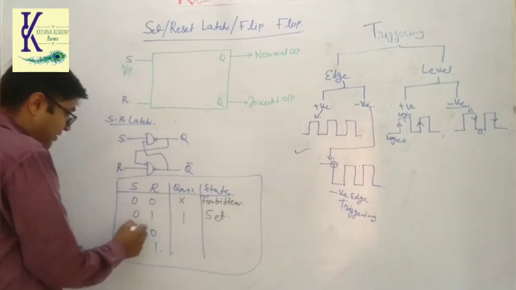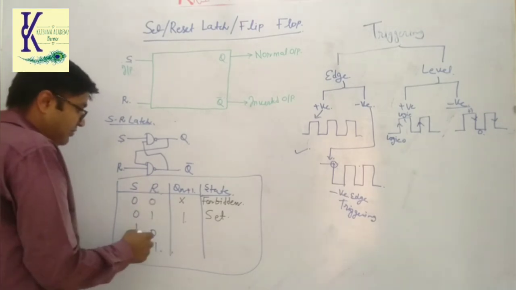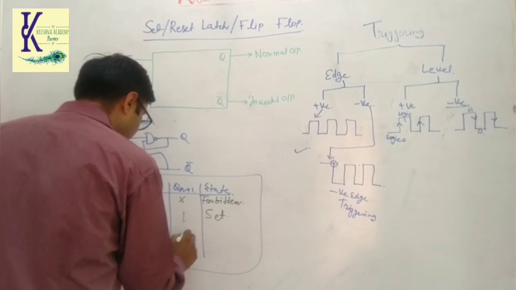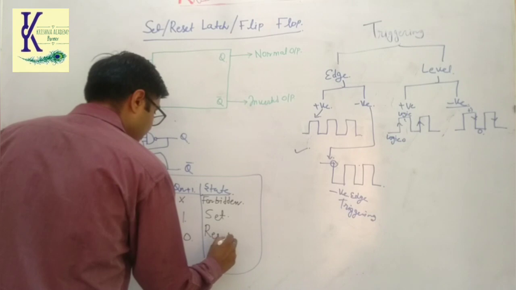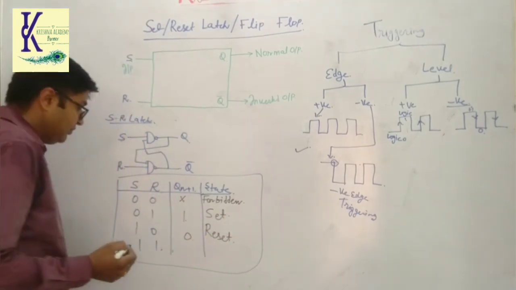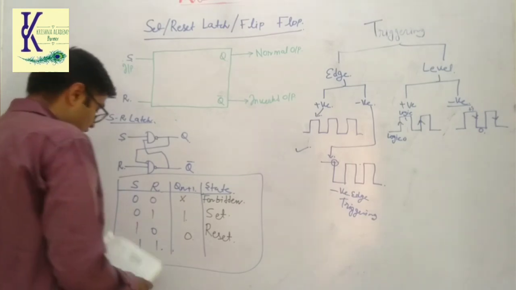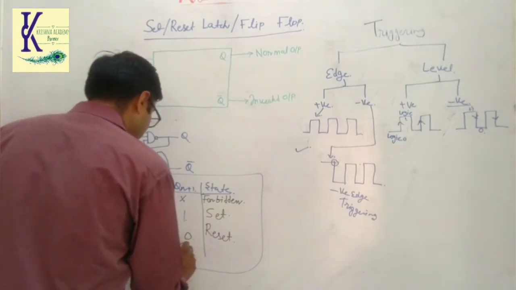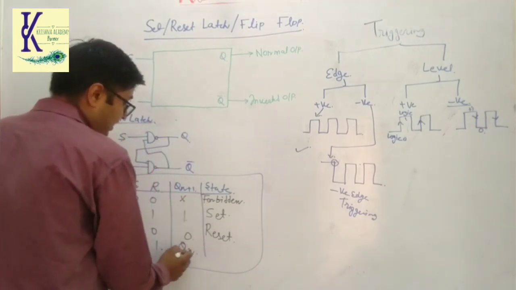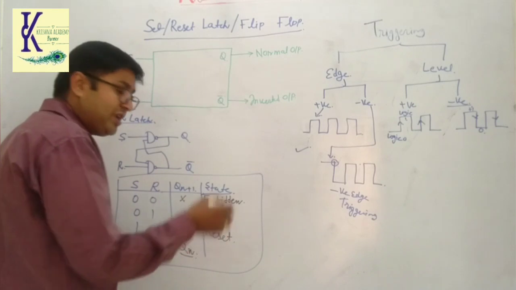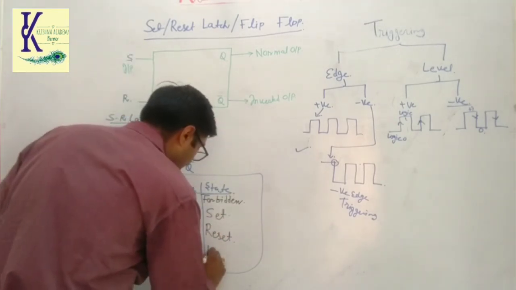Now set becomes 1, reset becomes 0, the output becomes 0 and this condition is called reset. The last condition, when both the inputs are logic high, then Qn plus 1 or the next state will be the same as Qn, and this one is called halt.